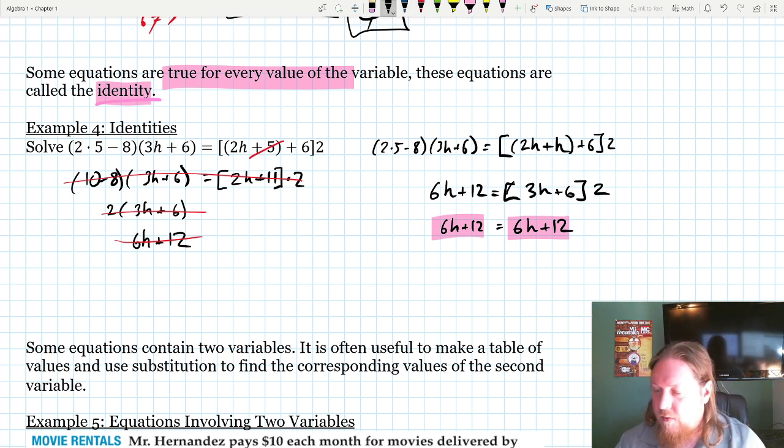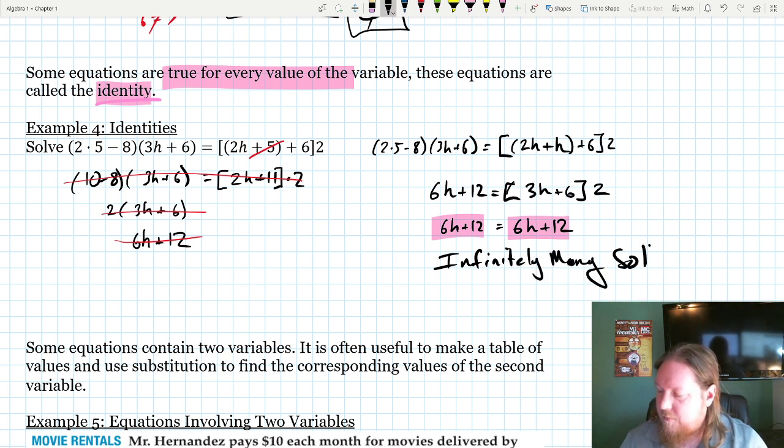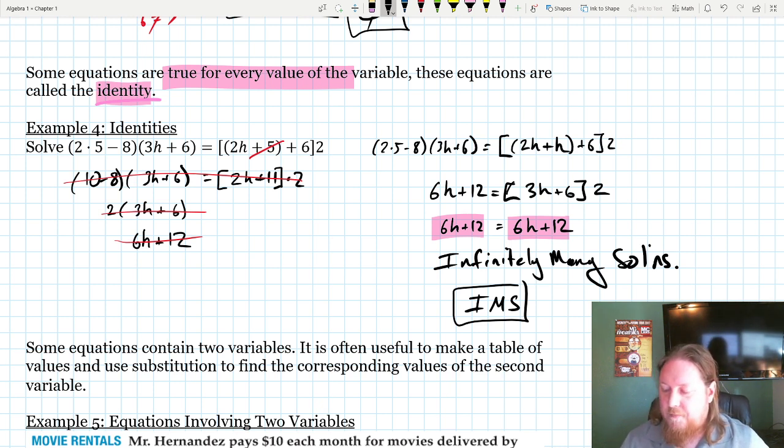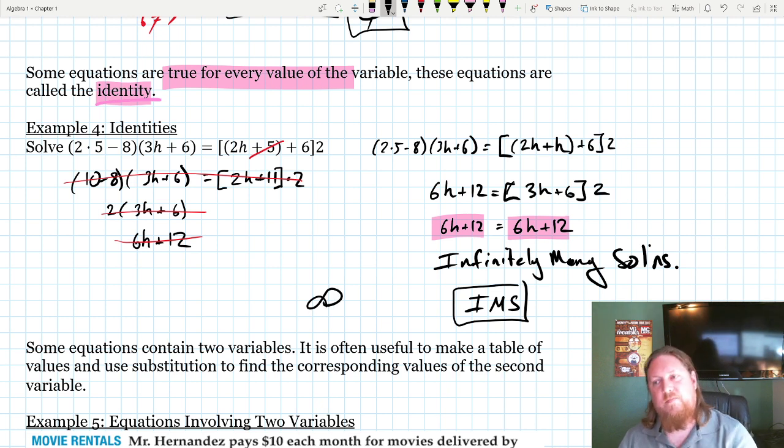That's going to tell me that there are infinitely many solutions. You can, of course, abbreviate that IMS. If you're looking for a simple symbol to represent this, I mean, the infinity sign exists for this, but it doesn't actually work in this scenario.